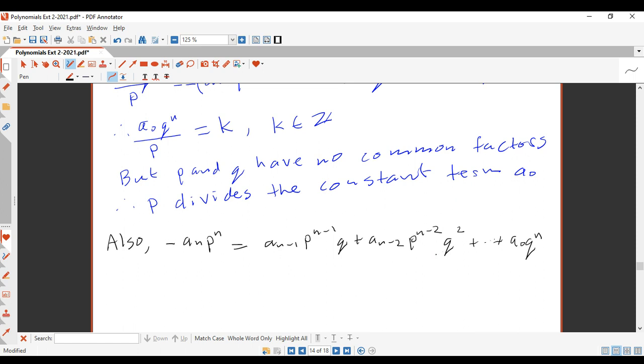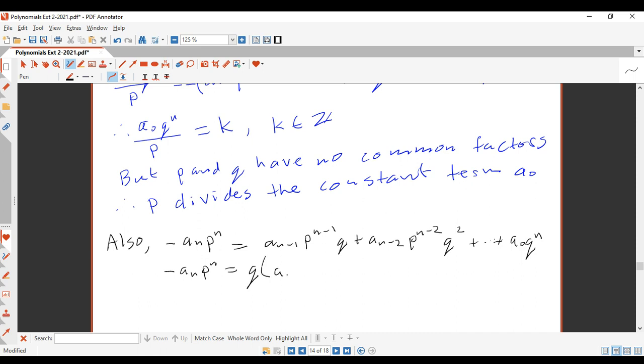Now we've got to prove that q is a divisor of the leading coefficient. So I'm going to take out q as a common factor next. Okay, so I'm going to have minus a n p to the n. I'm going to now take out q as a common factor.